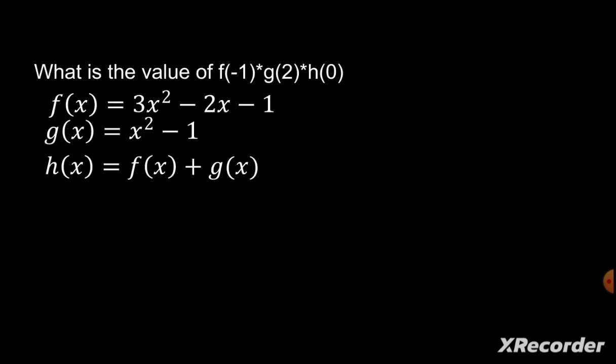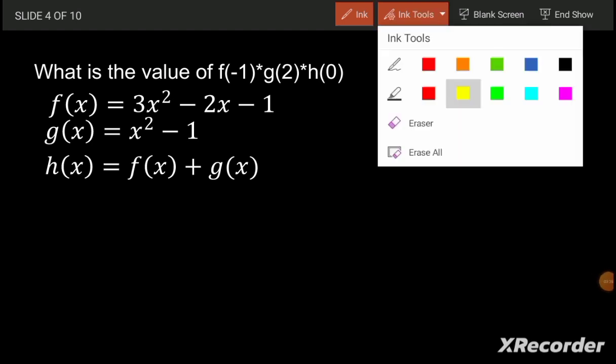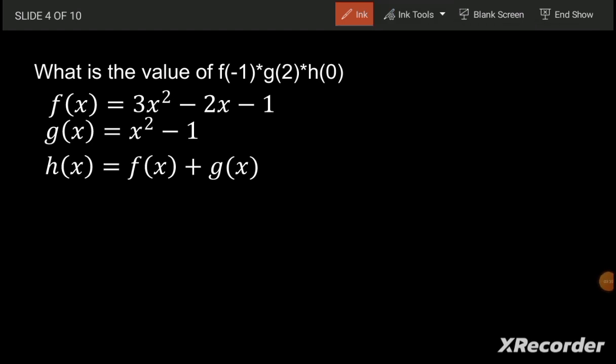Okay, for this next question, what is the value of f of negative 1? The asterisk here means multiplication.